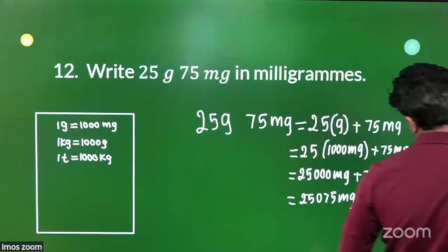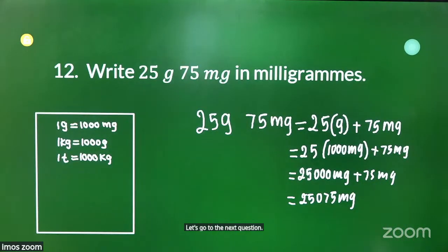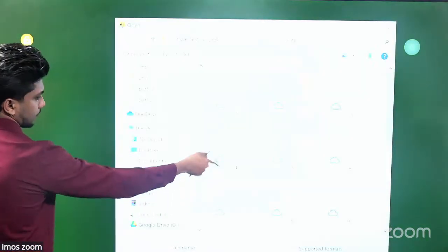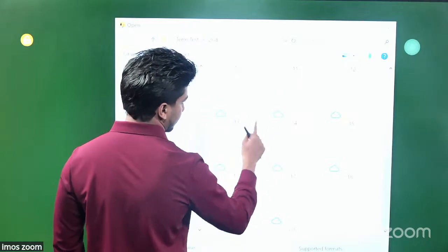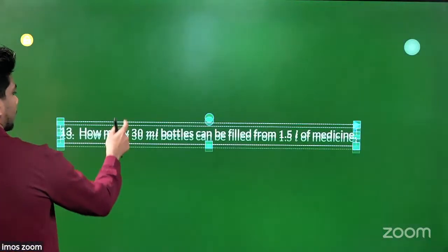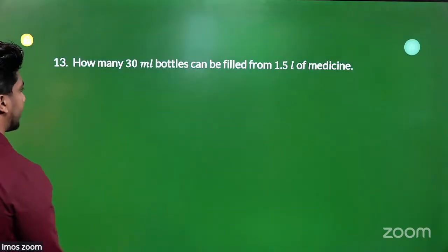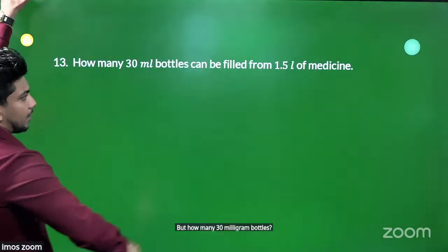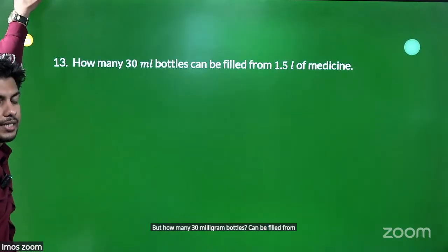Okay, let's go to the next question. How many 30 milliliter bottles can be filled from 1.5 liters of medicine?